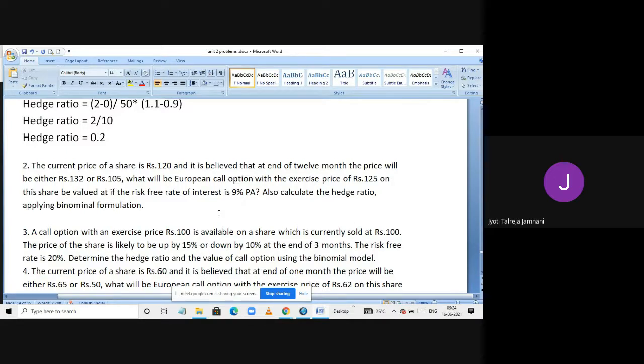So I will share those table values with you, and I'll send the soft copy. You can open it on your PC or mobile and check how I'm finding the table value. I'll show you that when I'm doing it in the class also. So Friday's both classes are very important. Binomial and Black-Scholes is what we are going to do.